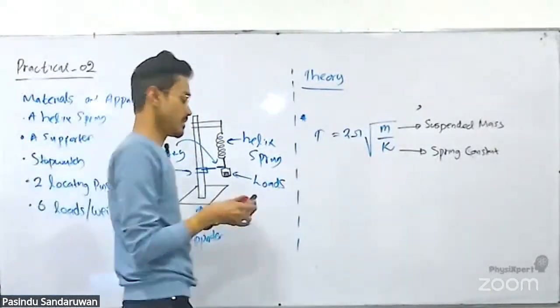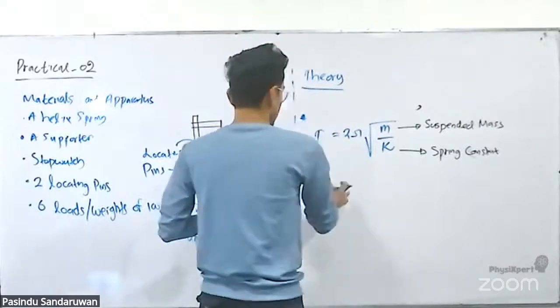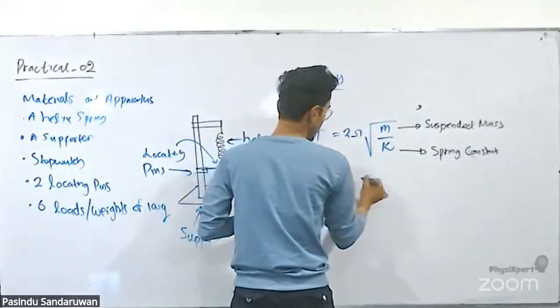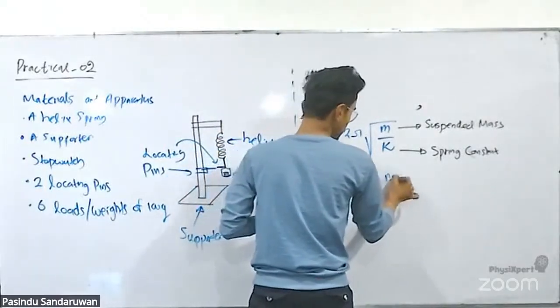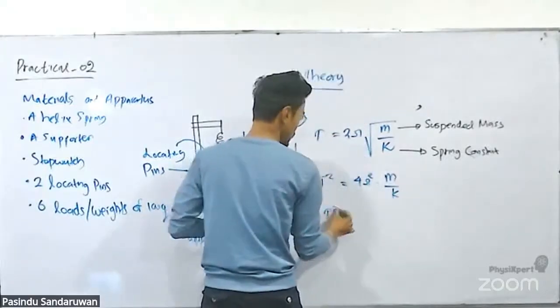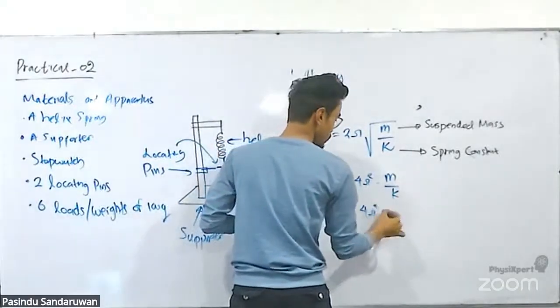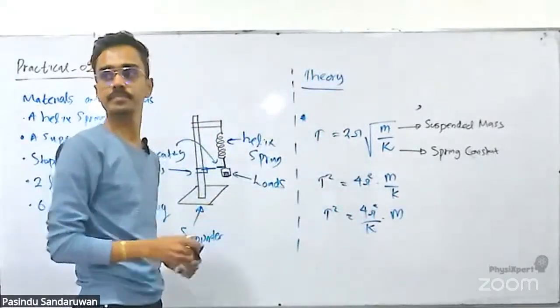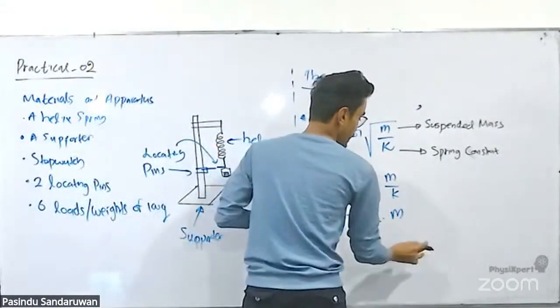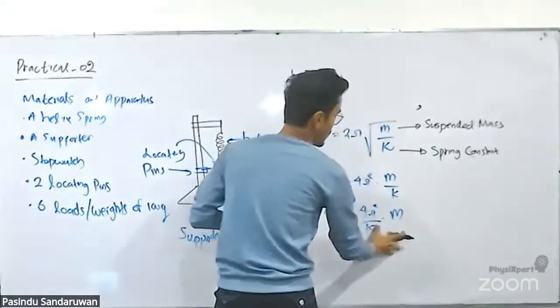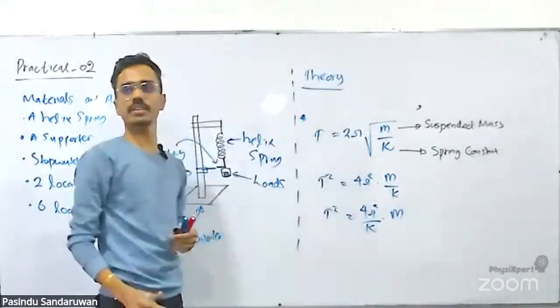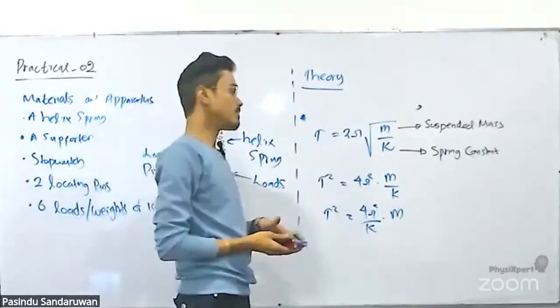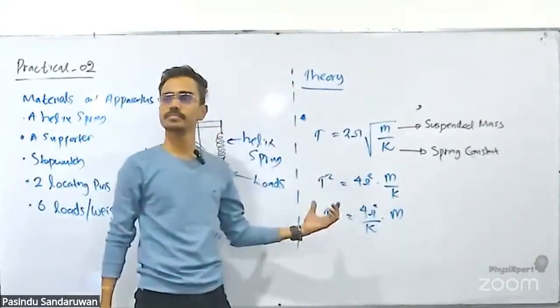Right? Okay. Now again, T squared equals 4 pi squared m over k, no? Which means T squared equals 4 pi squared over k times m. Now tell me, what is possible to change manually from our end, from these terms?